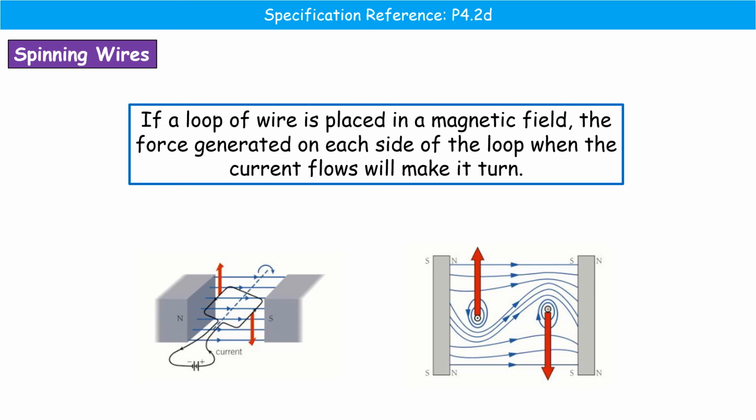So if we look at the diagram on the left here, first of all, what we can see is on our loop, on this side the current is coming out, and on the opposite side, it's going in. So that tells us that the two sides of that coil are going to move in opposite directions, one up, one down. Use Fleming's left-hand rule, and you can see that it's going to move up on the left, down on the right. So it's going to spin at that point.